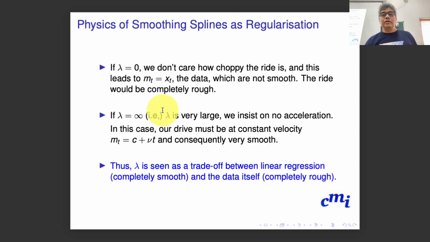Now lambda also plays a role as a tuning parameter. If lambda equals 0, then you don't care how choppy the ride is, and you basically just take mt equal to xt, which is useless, and the ride would be completely rough. On the other hand, if you put lambda very, very large, we insist on no acceleration.